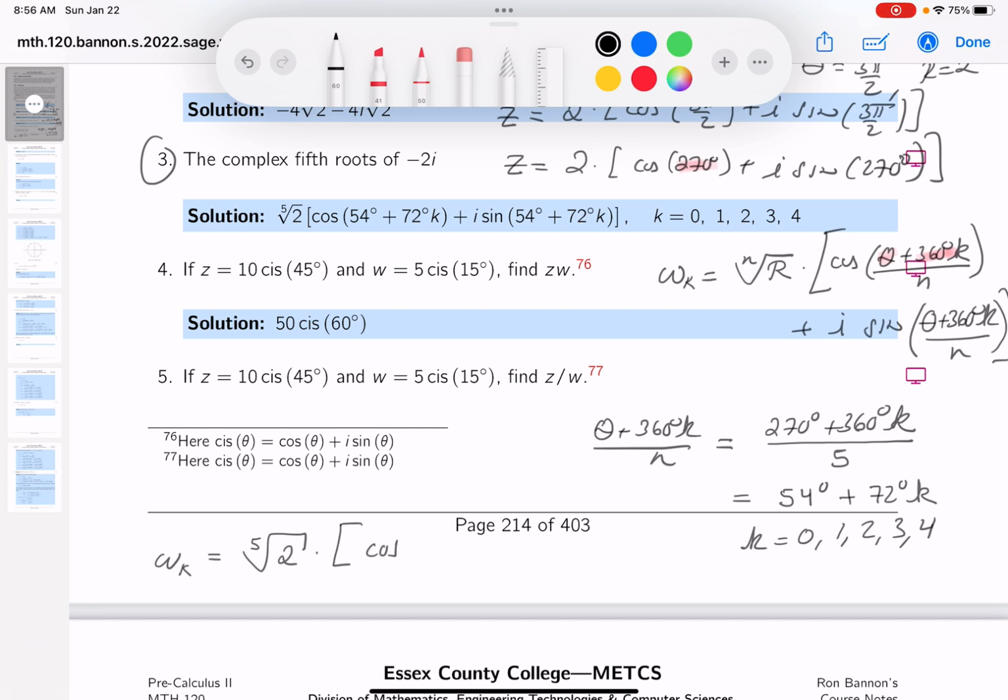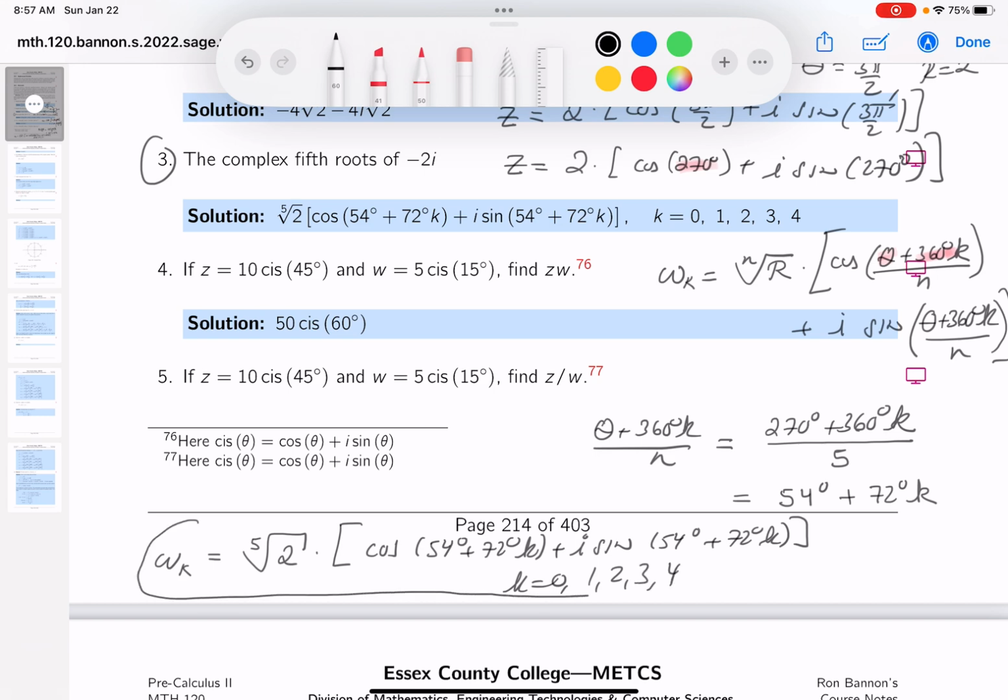Then cosine of 54 degrees, which we just computed, plus 72 degrees k, plus i sine of 54 degrees plus 72 degrees k, with the understanding that k could be 0, 1, 2, 3, or 4. I'll put a circle around this, indicating that's my final answer.